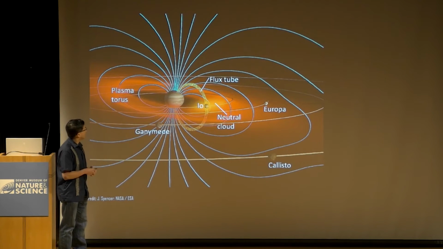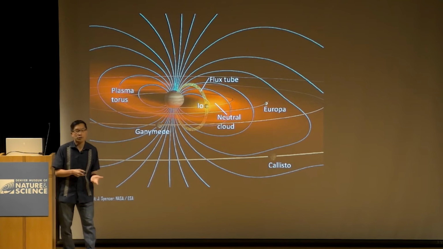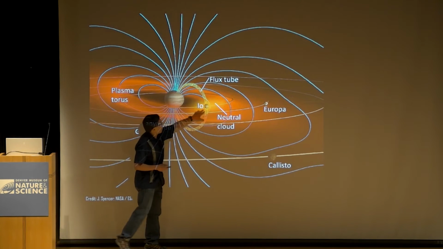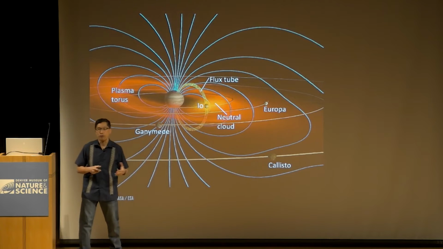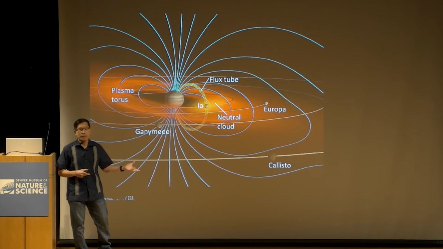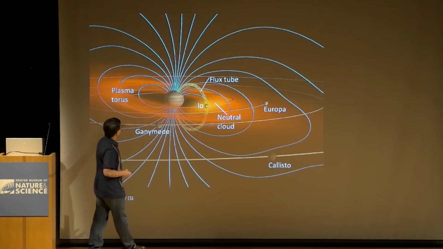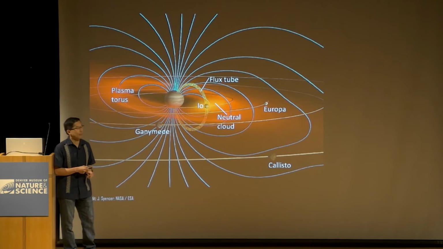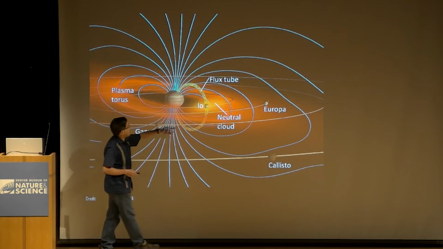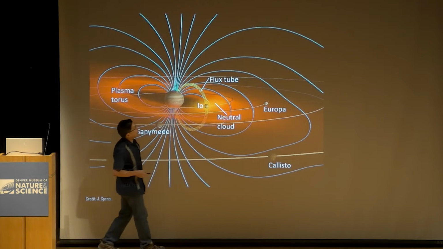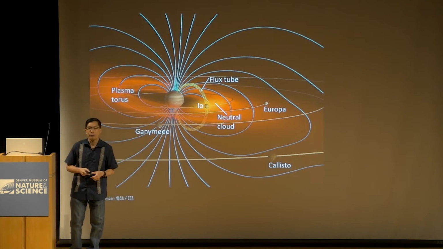So it turns out that around Jupiter, there's actually what's known as a plasma torus. And what happens is Io is a very volcanic moon around Jupiter. So it's spewing material out into Jupiter's orbit. And that material, those gases, get ionized into this donut of ionized gas called the plasma torus. And some of that gas can fall into Jupiter itself following Jupiter's magnetic field lines.